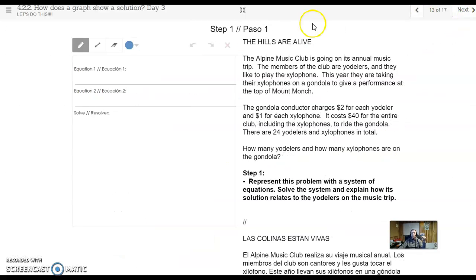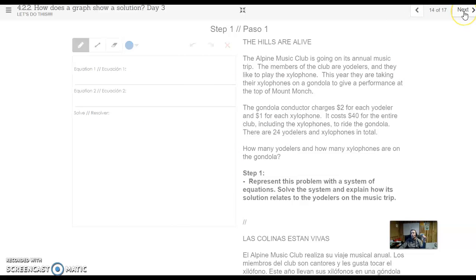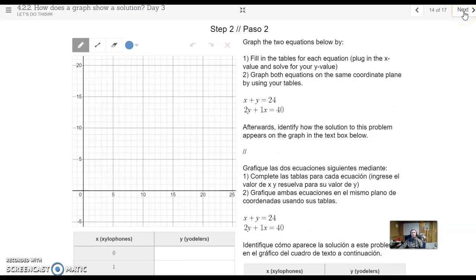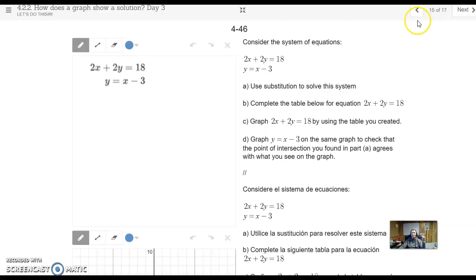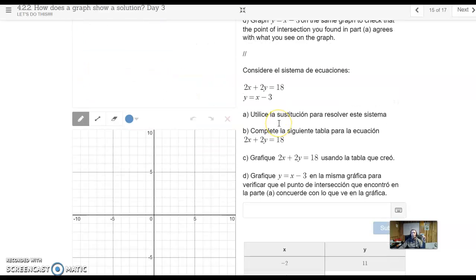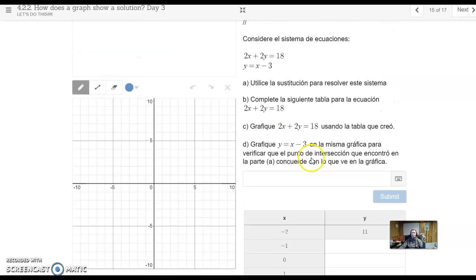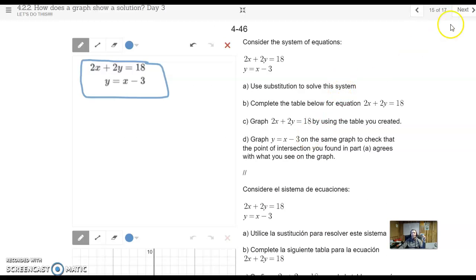Slide 13 is here to help you write in these equations and then solve it and find out how many yodelers and remodelers there are. We're going to graph it together, all right? And then we're going to finish up with slide 46, solving with substitution, a separate problem just to show where you are. And we can graph that with a chart and give ourselves some ideas of this. All right, so work through these.